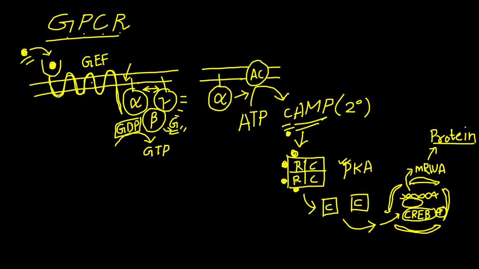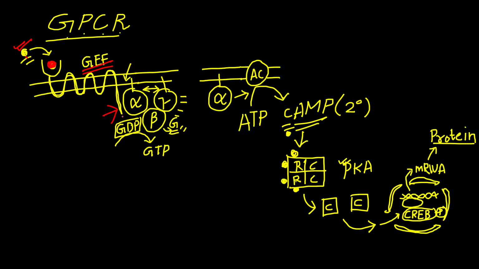So, I am going to recap it again. Here, first the ligand molecule, wait, I am changing the ink color. So the ligand molecule binds to the GPCR, and this GPCR gets activated and acts like a guanine nucleotide exchange factor.